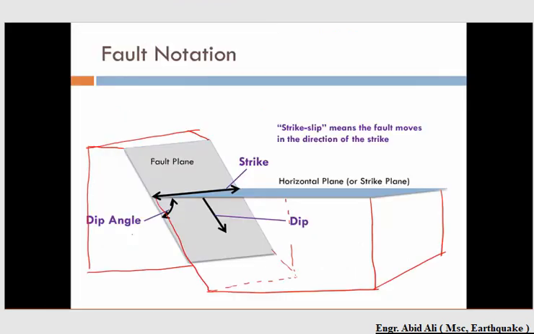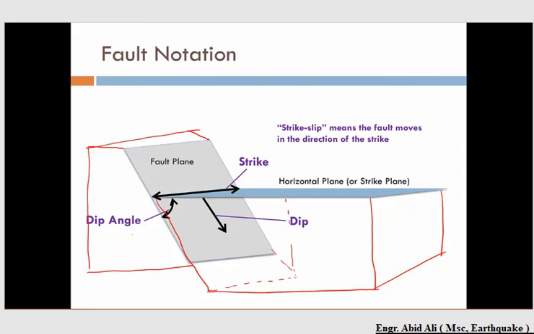All right. If the dip is the downward dive of the fault, then the angle of the dip is what we call the dip angle. If I have a fault that I call a strike-slip fault, that means the fault is going to move in the direction of the strike.